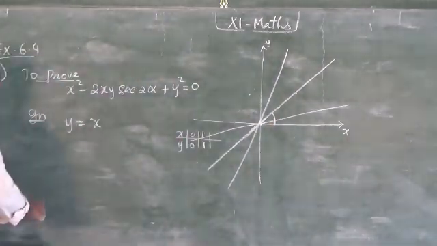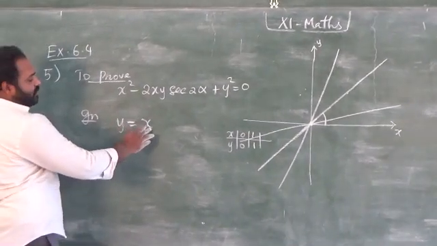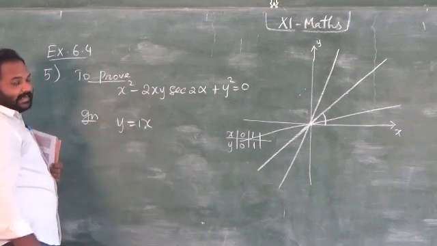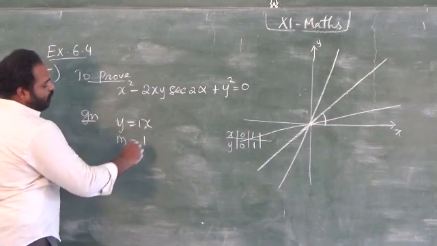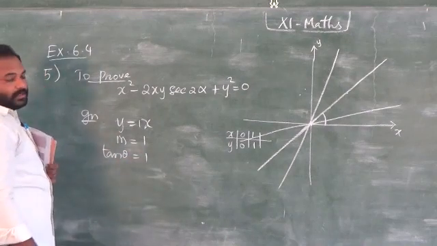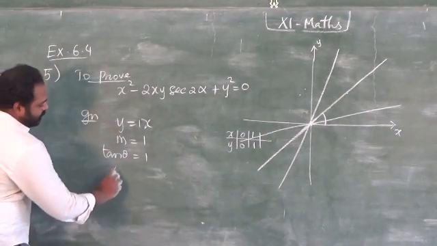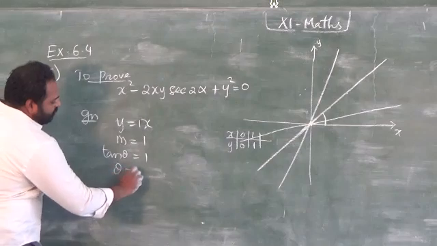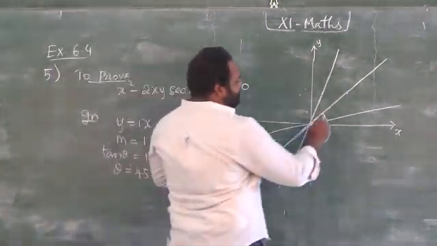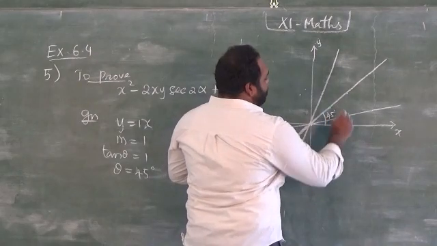How can we find out this angle? This is the format of y is equal to mx plus c, no? So here instead of m, 1 is hiding. So here m is 1. So tan theta is 1, no? So theta equal to 45 degree. So the slope of y is equal to x is 45 degree.